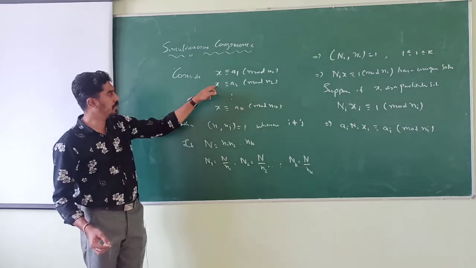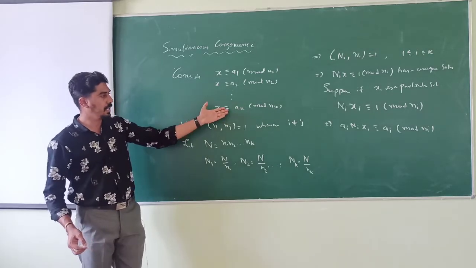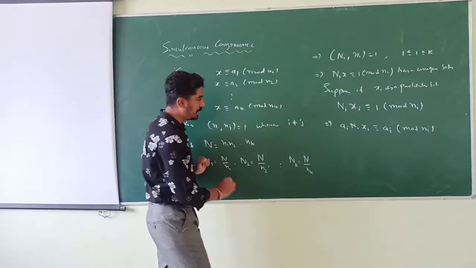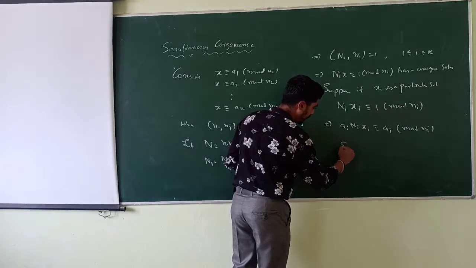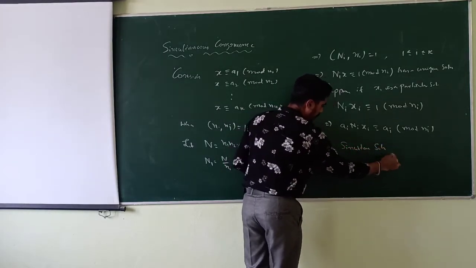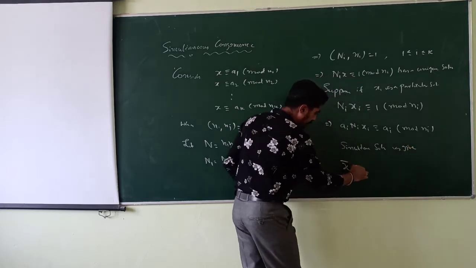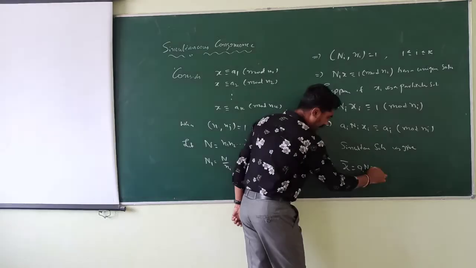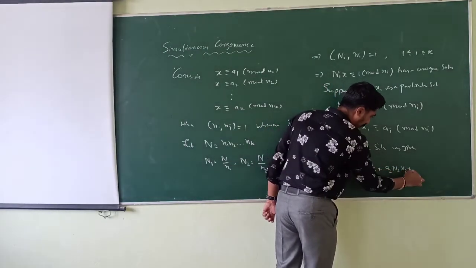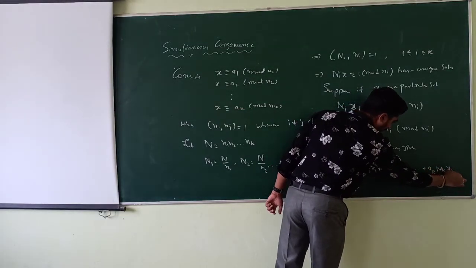For the second congruence, a2 N2 x2 is a solution, and so on. ak Nk xk is a solution for the last congruence. So the simultaneous solution is given by x bar equal to a1 N1 x1 plus a2 N2 x2 and so on, plus ak Nk xk.